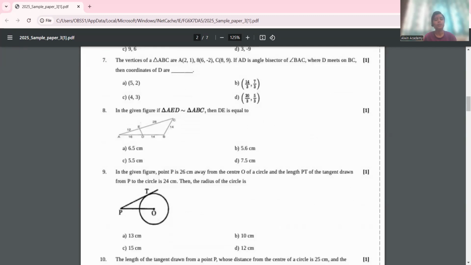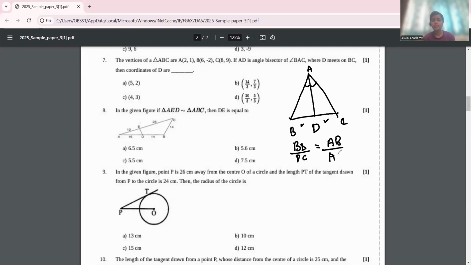So if I draw a triangle here, let's say this is ABC, and we have the angle bisector D. The angle bisector need not necessarily meet on the midpoint, but these two angles are equal, and we have to find the coordinates of point D. Now there is this angle bisector theorem which states that if AD is the angle bisector of angle BAC, then BD is to DC, which means the ratio of this and this, is equal to AB upon AC.